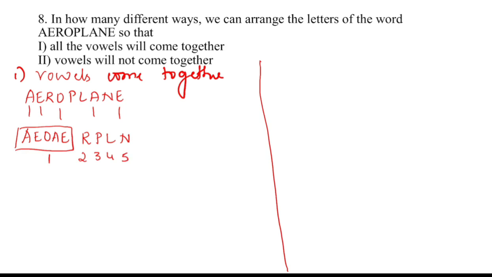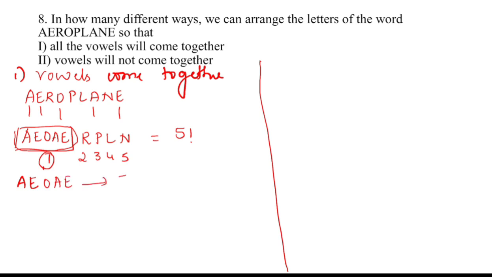Our vowels should come together, which means these are always together, so we will consider them as one group. In how many ways can we arrange? 5 factorial ways. But within this unit there are 5 letters, and they can be exchanged internally.